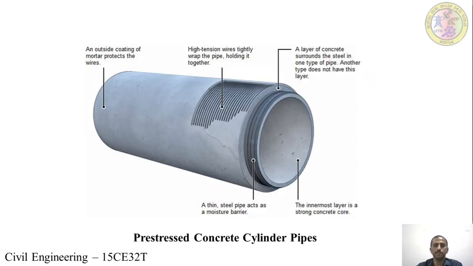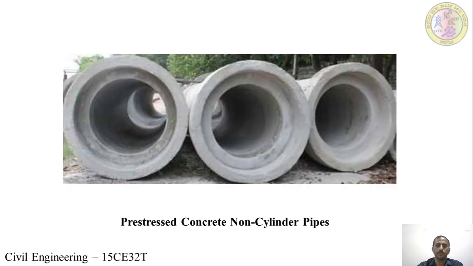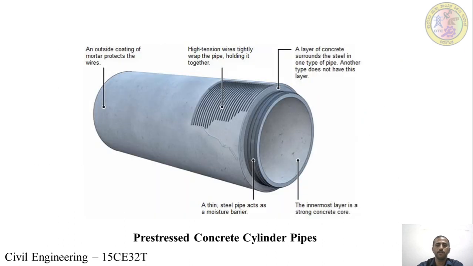As you can see in this image, the innermost layer of concrete core is surrounded by a steel pipe. This steel pipe is again surrounded by a layer of concrete.